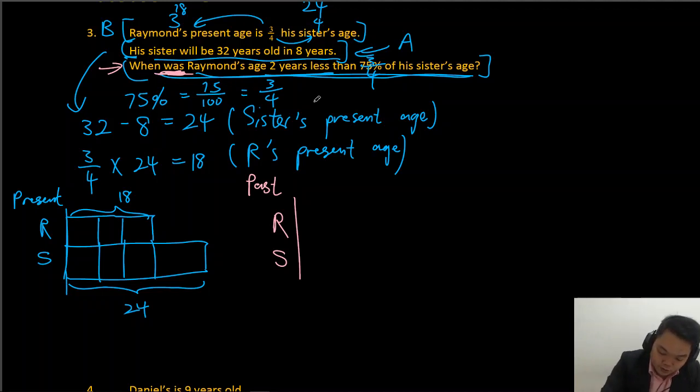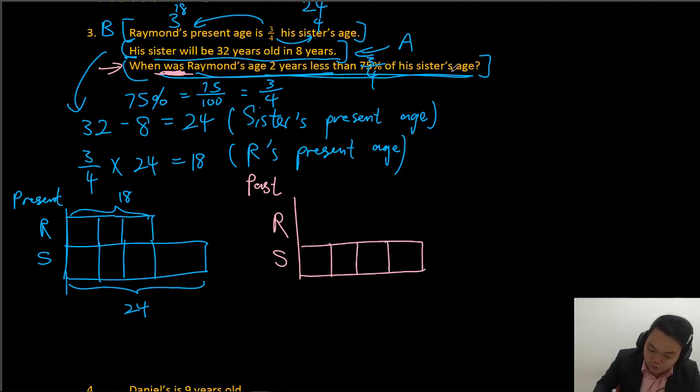So Raymond's age is going to be 2 years less than 3/4 of the sister's age. So the sister's age can be broken down into 4 blocks, and you want to consider 3 of them. It's going to be 2 years less than this.